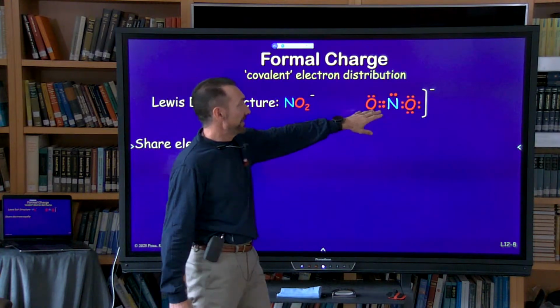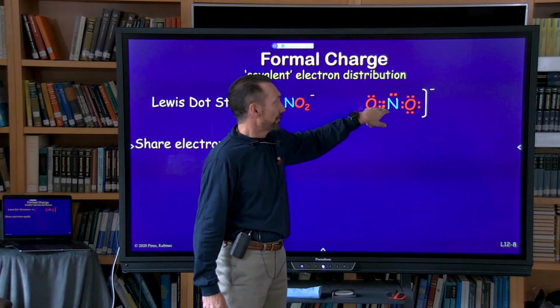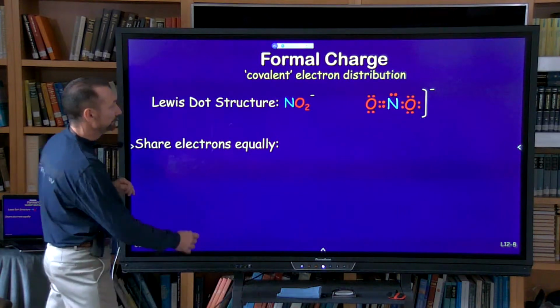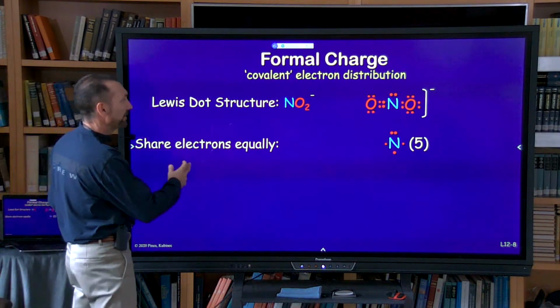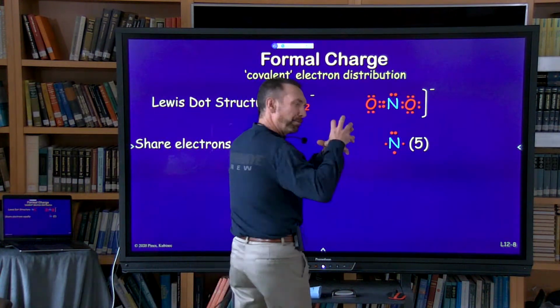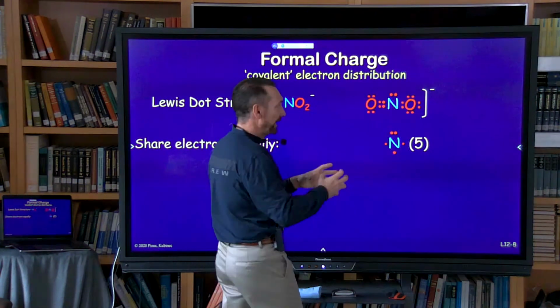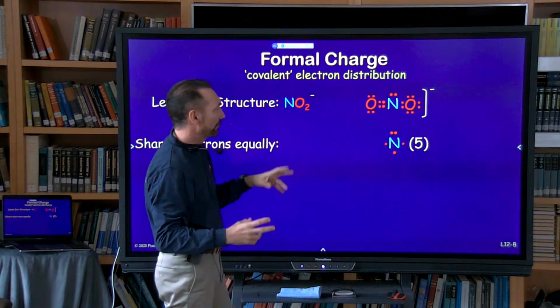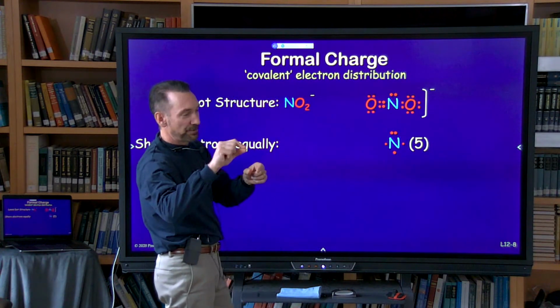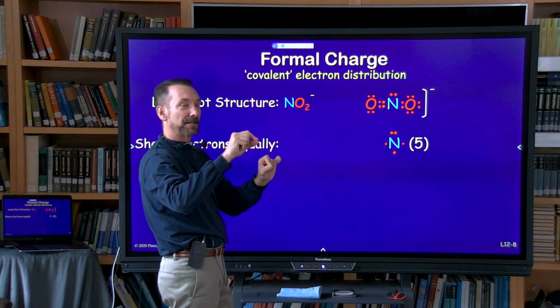I get this Lewis dot structure with the 1 1/2 bond order. And then I'm going to pull it apart and share all the electrons equally, you take half and I take half kind of situation.